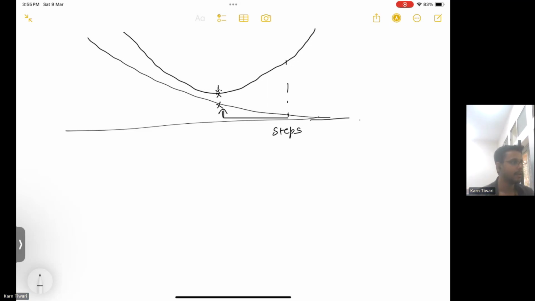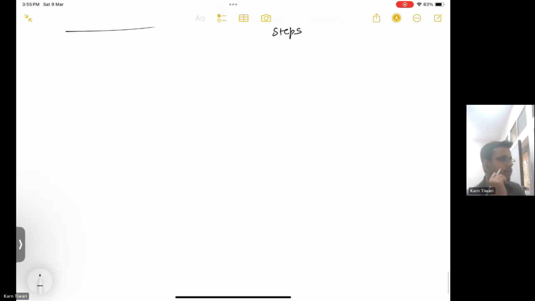Okay, now coming to ensembling. Ensembling basically means taking a lot of different models, taking an average of all the models and giving that as the output. For example, you and your friend are writing an exam. You might have learned something, your friend might have learned something.